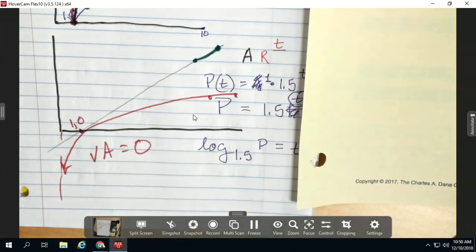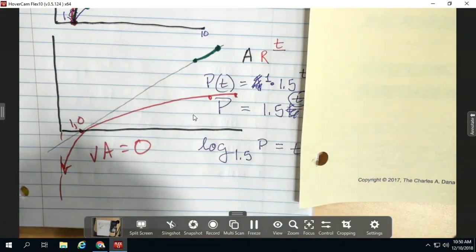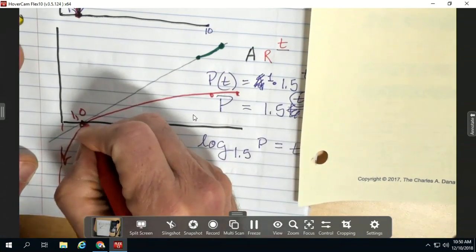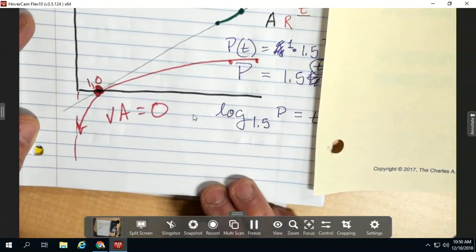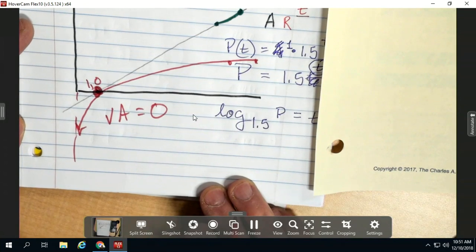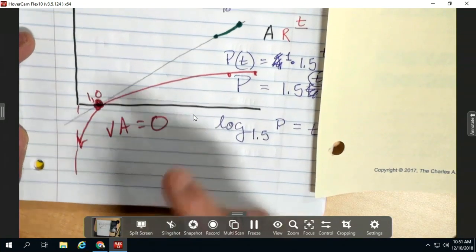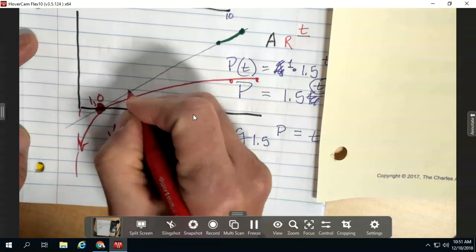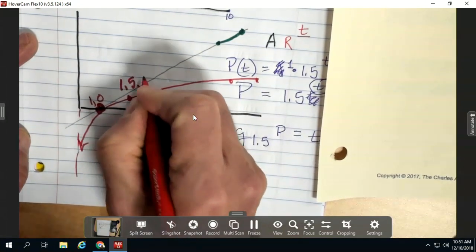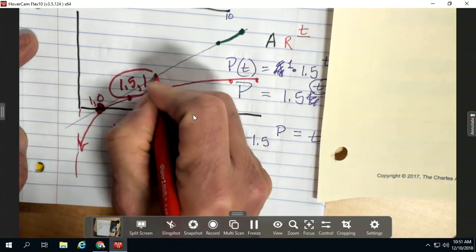Sketch the graph. Here are 2 points that we know for sure are on this graph. Over 1, up 0, over 1.5, up 1.